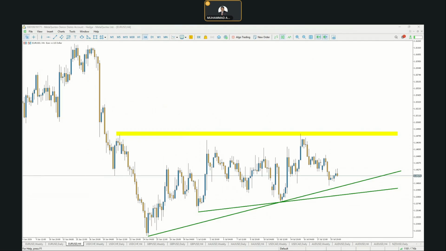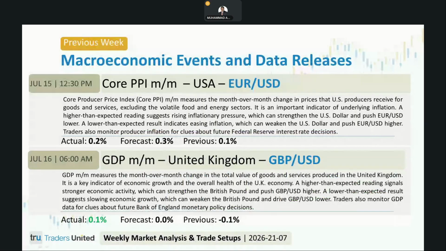Overall analysis: the US core PPI rose 0.2%, below the market forecast of 0.3% and above the previous reading of 0.1%. Although producer inflation increased from the previous month, the softer than expected result reduced inflation concerns and weakened the US dollar.